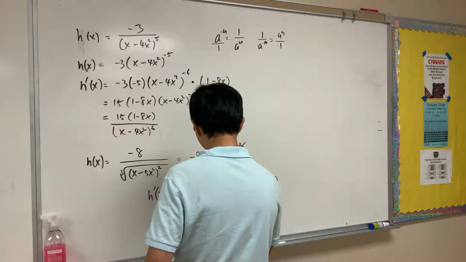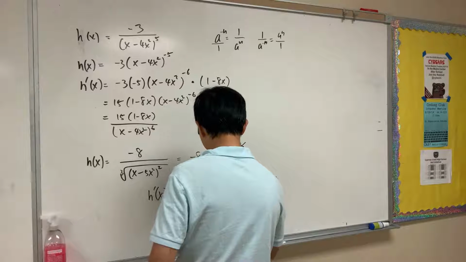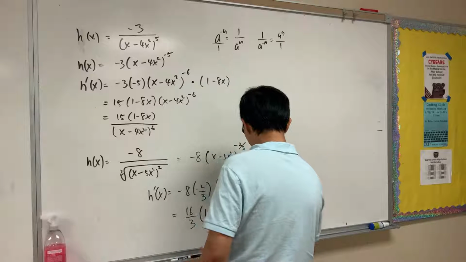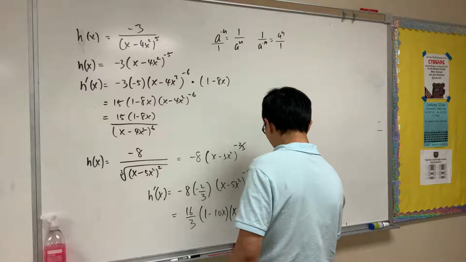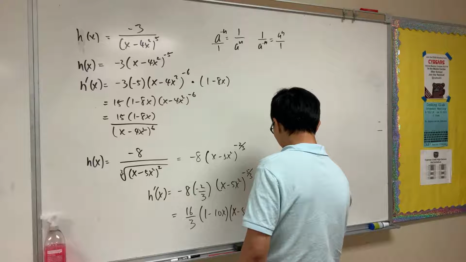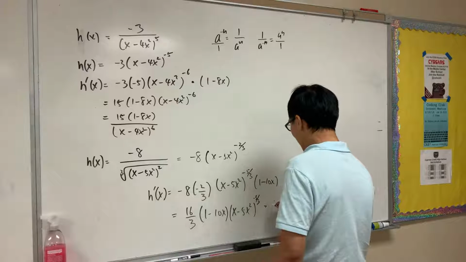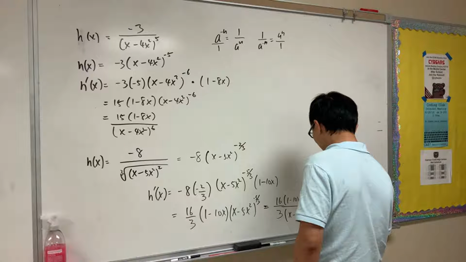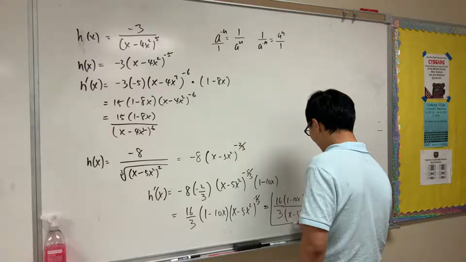Now I'm going to simplify this. That's going to be 16 over 3 times 1 minus 10x times x minus 5x squared to the negative 5 over 3. And that's equal to 16 over 3 times 1 minus 10x over x minus 5x squared to the 5 over 3. And that's my answer right here.